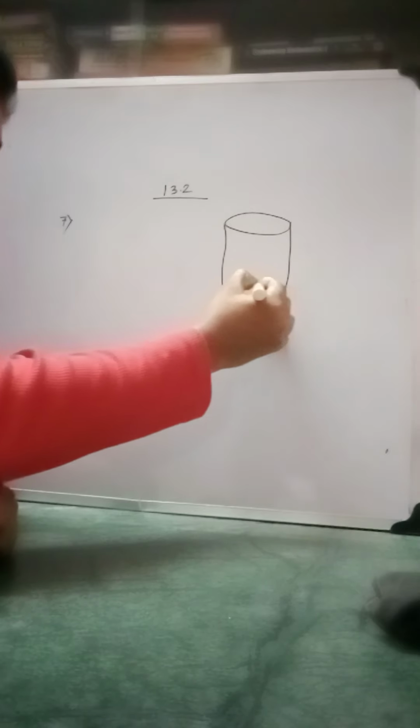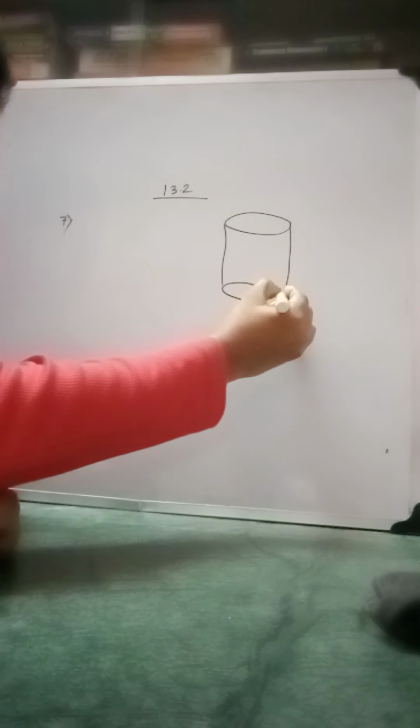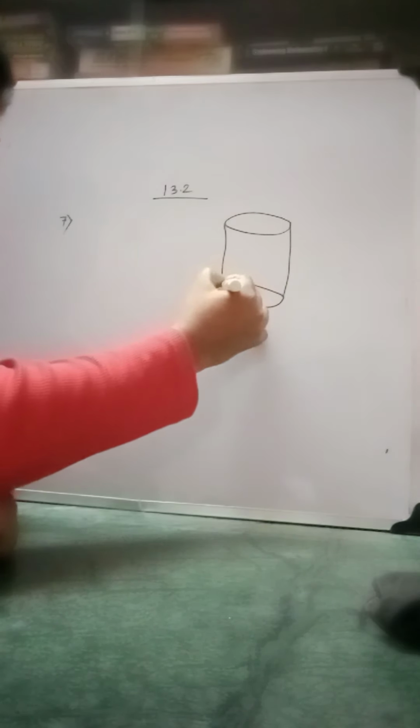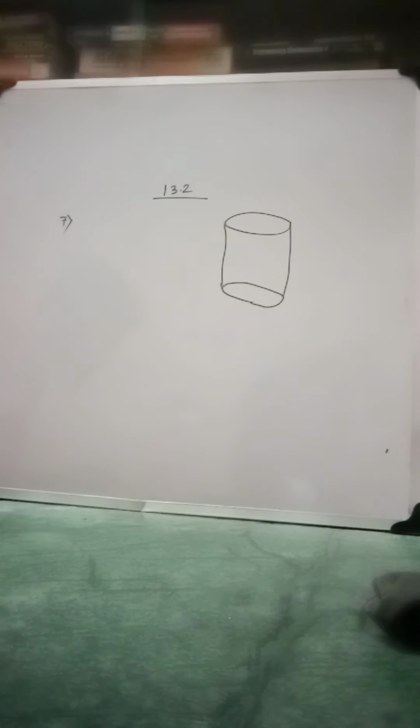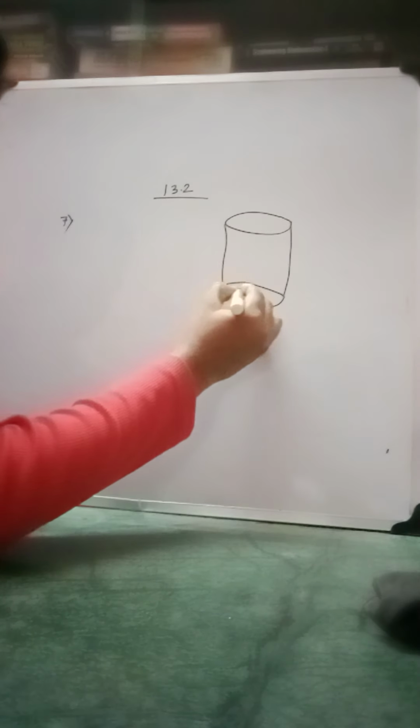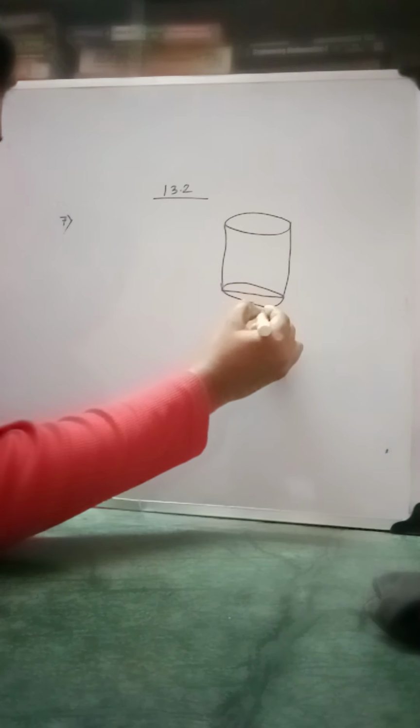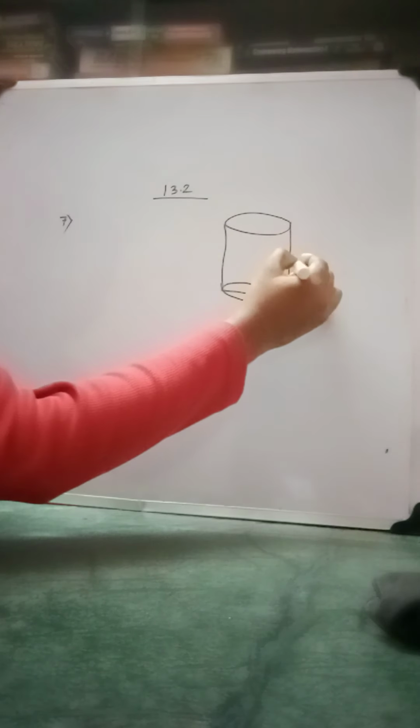Suppose this is a well. Okay, so it is given that the inner diameter, this is the diameter, is 3.5 meter and depth is 10 meter.